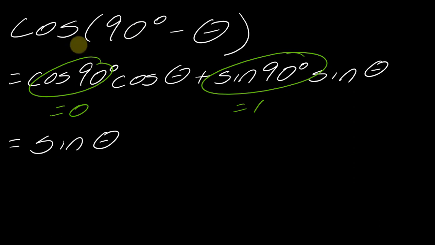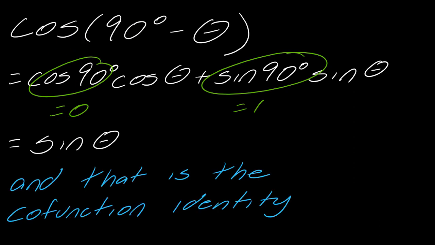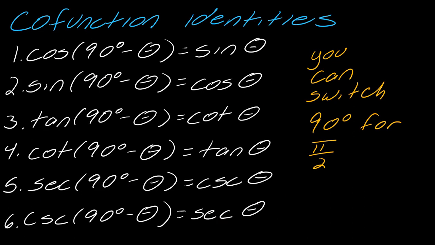This is the cofunction identity. That's why we say the cofunction identities are an extension of this idea. Here are all the cofunction identities, and going forward we'll say those are fair game. Very similar reasoning applies to the rest of these, even though we haven't talked about the difference of sine or tangent or whatever else. One other thing to note: I've written these all in 90 degrees, but you can switch 90 degrees to radians and write pi over 2 instead. It's equivalent.